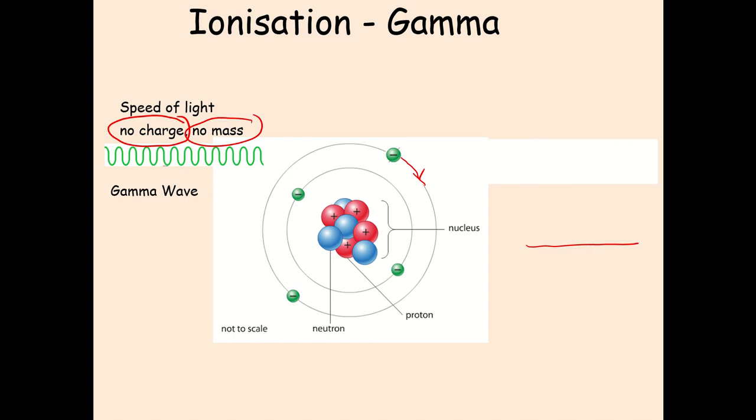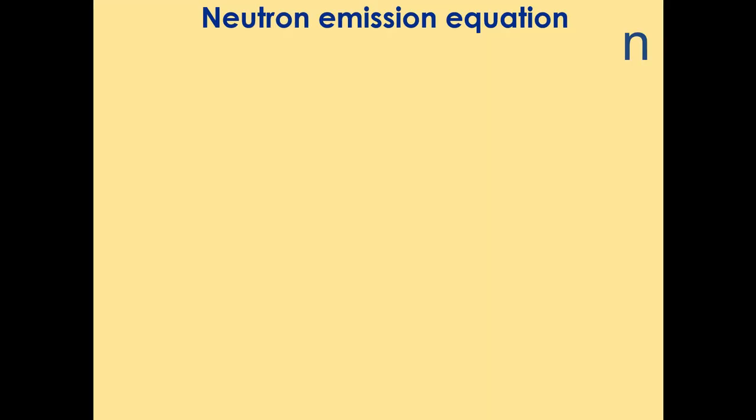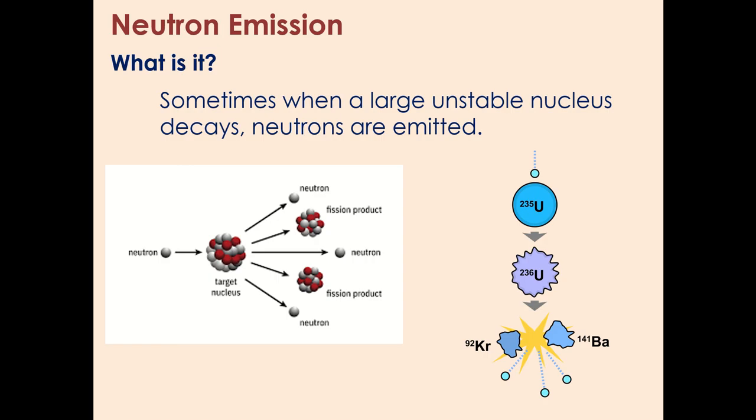So I'm going to explain it here just in the context of decay equations. Sometimes neutrons are given out or radiated at the same time that a large unstable nucleus splits up. You don't really need to worry about the details of this yet.